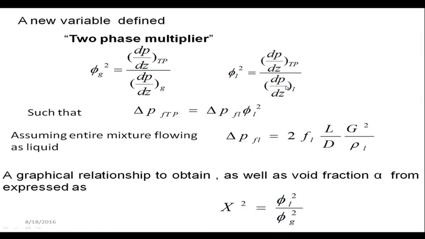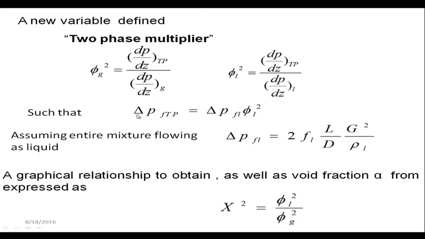So, in this particular case, finding out the single phase pressure drop is not a very big deal. Once this can be found out and we can find an estimate of two phase multipliers from known input parameters, we can multiply the two and find out the frictional pressure drop during two phase homogeneous flow.